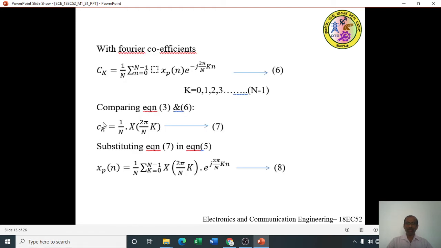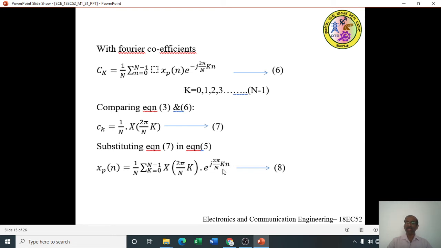We can conclude that the Fourier coefficient ck is equal to 1 by n into this complete summation, which looks like x of 2 pi by n into k. And we will substitute this in equation 5, so xp of n is equal to 1 by n into summation k equal to 0 to n minus 1 x of 2 pi by n into k into e power j 2 pi by n into kn.